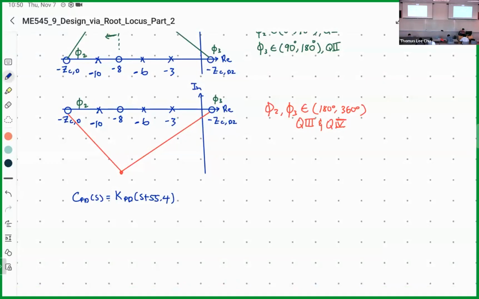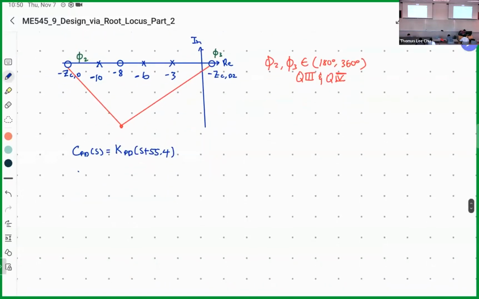To write it down so you can have it fresh in your head, G of S is equal to S plus 8 divided by S plus 3 times S plus 6 times S plus 10. So that's our original uncompensated transfer function.